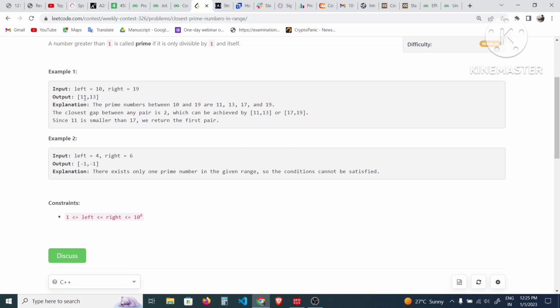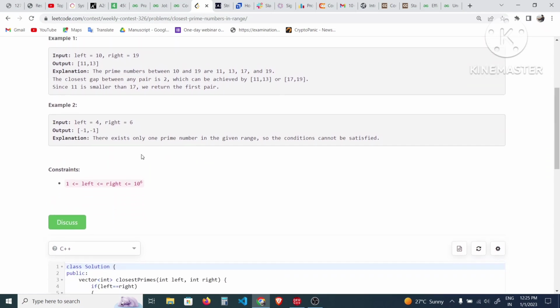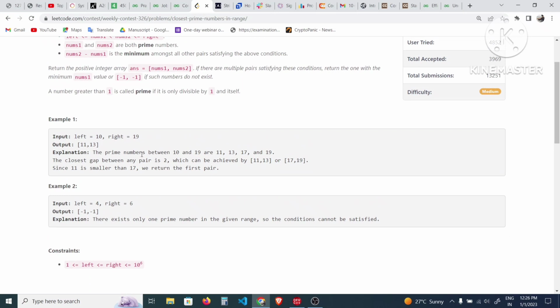Basically 11 and 13 are the prime numbers which have the smallest difference, and 11 is smallest, so you have to print 11 13. Otherwise there is another pair, 17 and 19, but 17 is greater than 11, so we have to print 11 and 13 only.